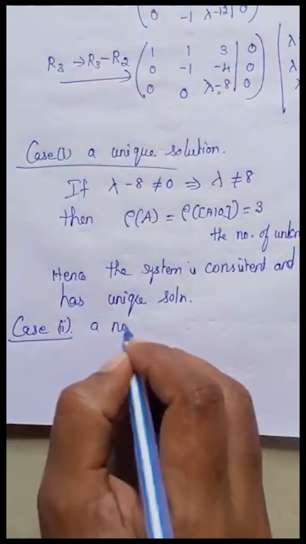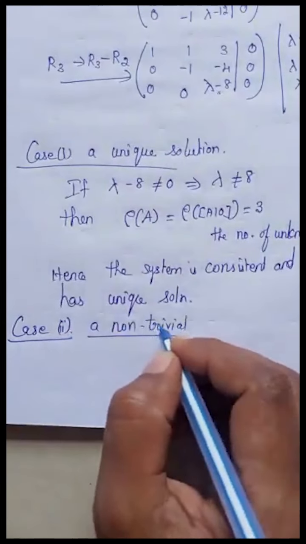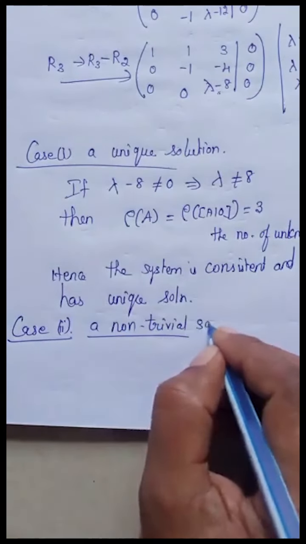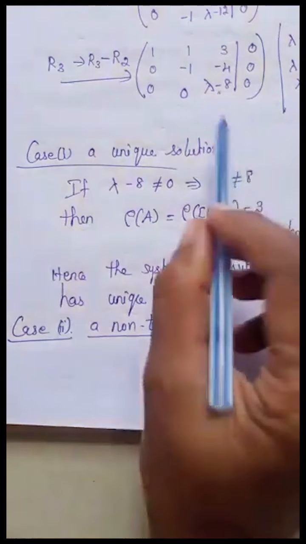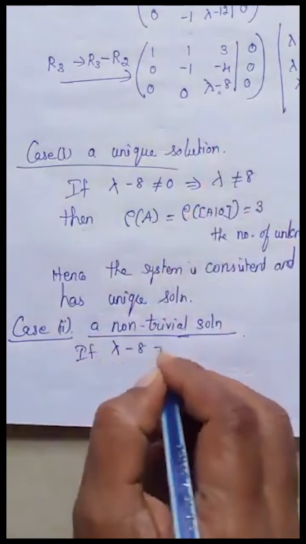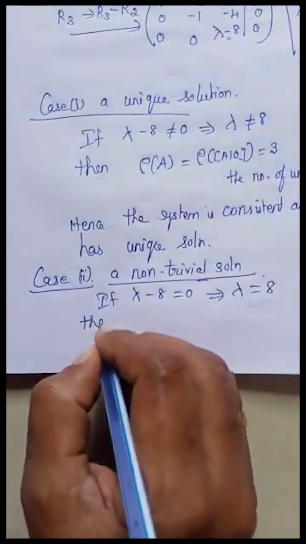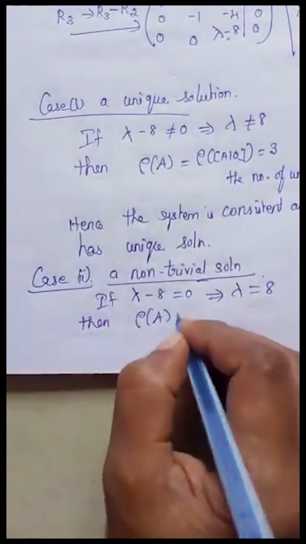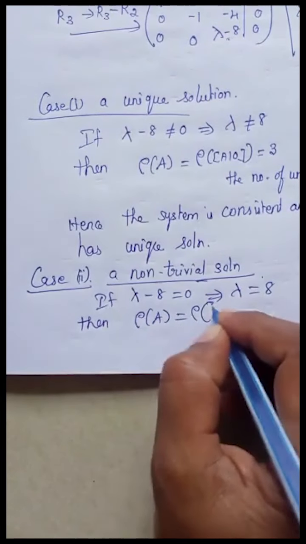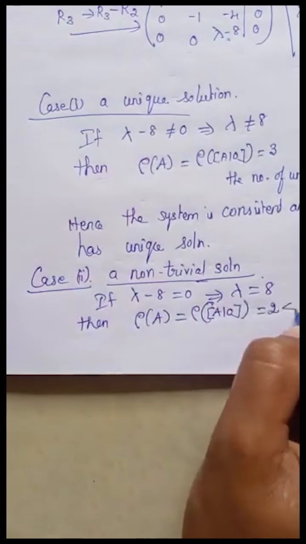Then case 2. That is a non-trivial solution. Non-trivial means the rank should be less than that. That means this value should become 0. That is, if lambda minus 8 equal to 0, that is lambda equal to 8, then it is understood rank of A equal to rank of A bar, which is equal to 2, which is less than 3.